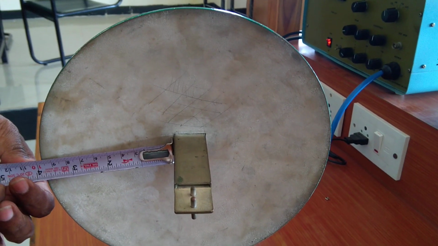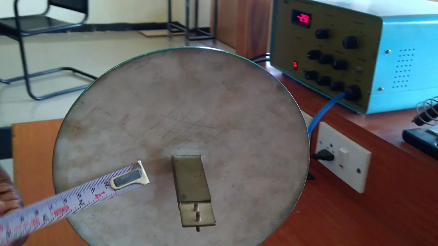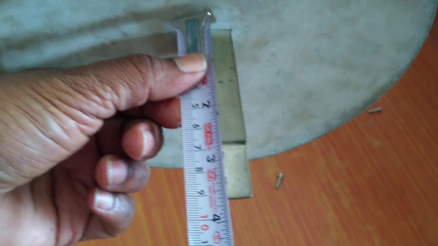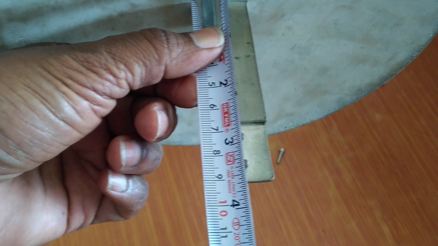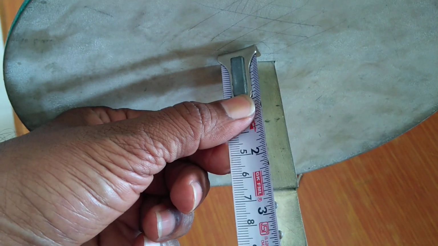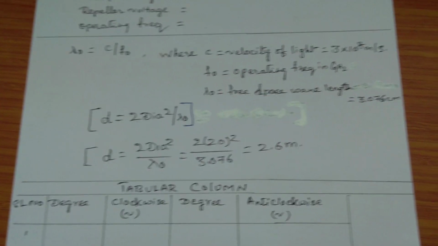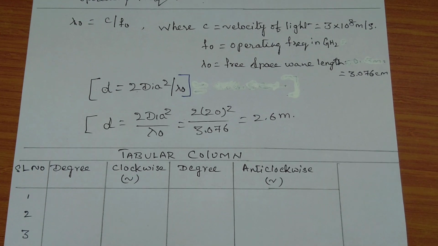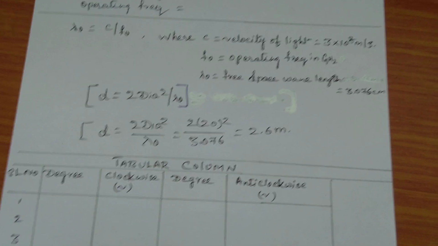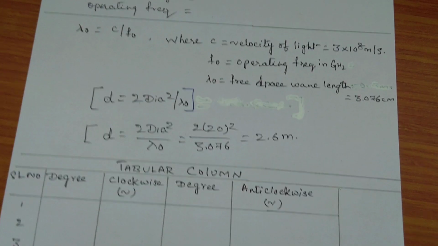The diameter will be twice the radius. We can take either the diameter as shown earlier, or we can take this low noise block also. So the diameter equals 2 into radius; the radius is 10 centimeters, so the diameter is 20 centimeters.